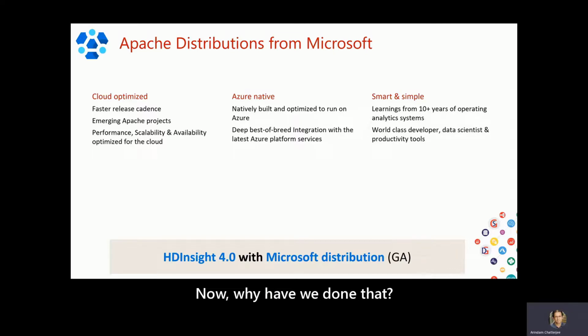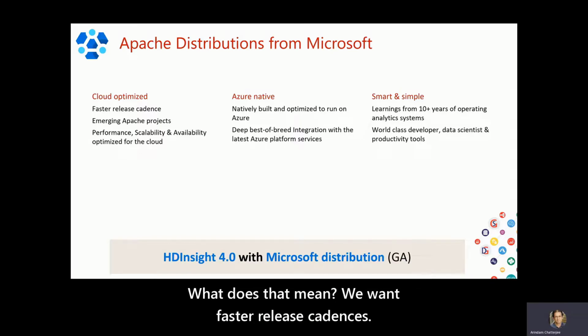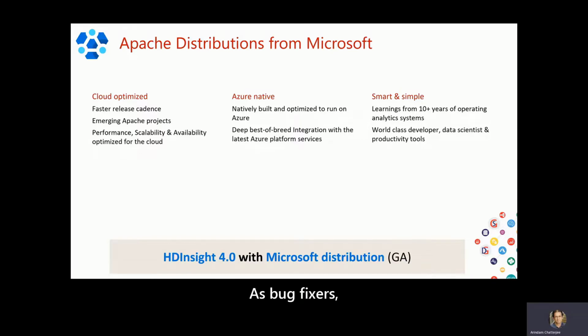Now, why have we done that? Three primary reasons. One, we really want the Apache distributions to be optimized for the cloud. What does that mean? We want faster release cadences. So as bug fixes and features get introduced into the Apache trunk, we want a very quick turnaround and to make those available to you as our customers.